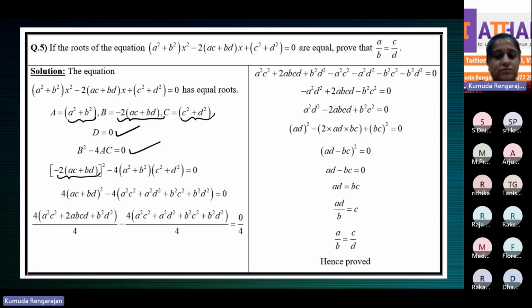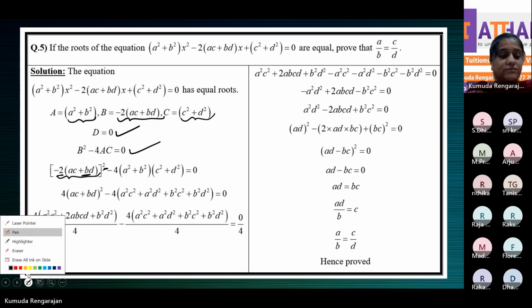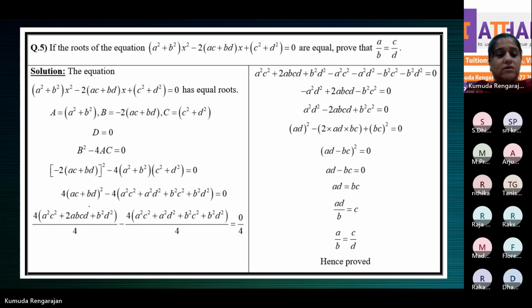So minus 2 squared. Minus 2 squared is 4. And AC plus BD the whole square, because the square is for both minus 2 and this one. And here again, you'll have to multiply. Multiply like this is equal to 0.